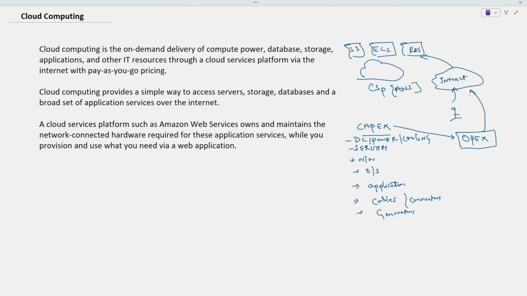So we use the services, we pay only for the services. AWS has 200 plus services, and any end user who has an account with AWS will be able to provision all these services and pay as you go.